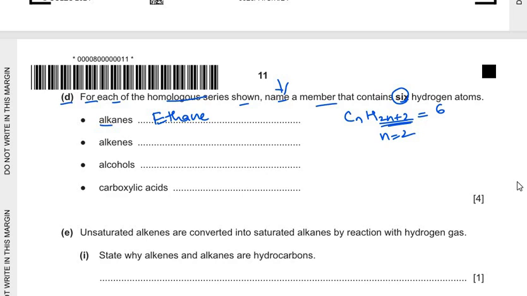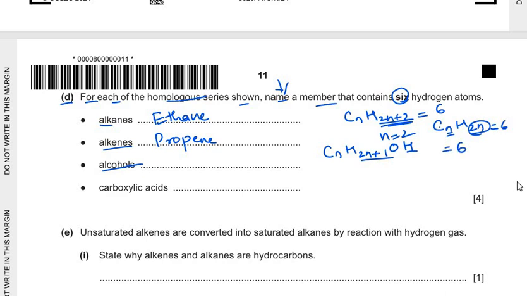Now for alkenes, we have the general formula CnH2n. Now 2n should be equal to 6, so n is equal to 3. So if n is equal to 3, then it is propene. Propene, that is an alkene with 3 carbon atoms. Now alcohols have a formula of CnH2n+1OH. Now 2n+1 plus 1, that is 2n+2, should be equal to 6, and that is possible again when n is equal to 2.